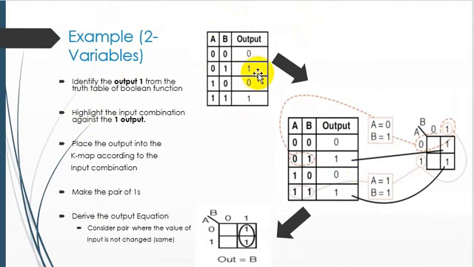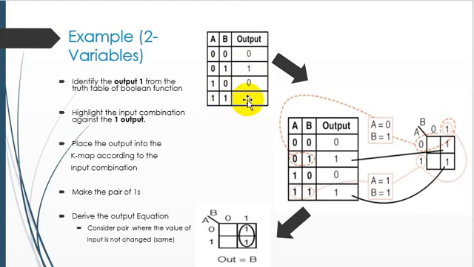For example, in this case you can see that we get 1 at this point and 1 at this point. So first you identify the output 1. After that we see what combination represents the output 1. For this one we have A is 0 and B is 1, and for this result we get A is 1 and B is 1.